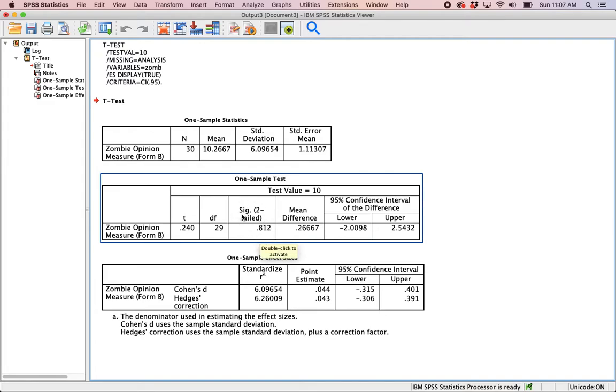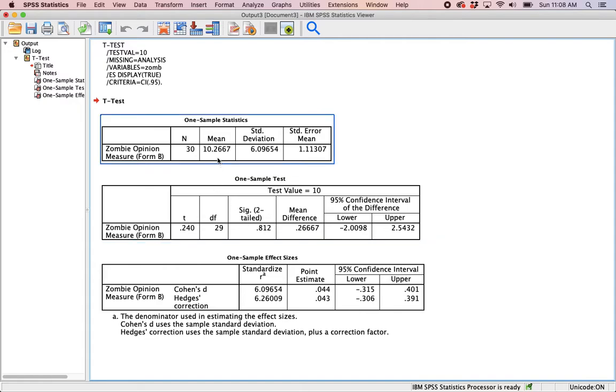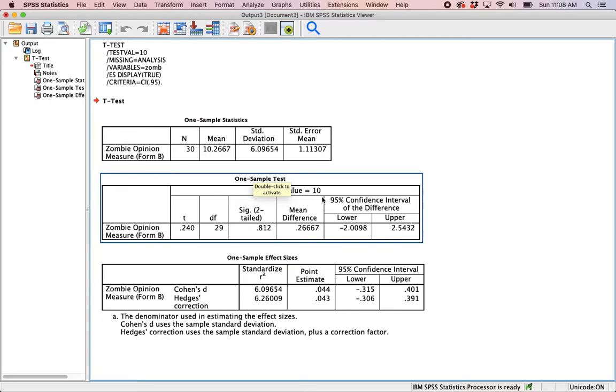What we can see here is that this significance is 0.812. So that's basically a probability of 81.2%. We're basically saying that the likelihood of getting a mean that big or bigger when sampled from a population with a mean of 10 is 81.2%.